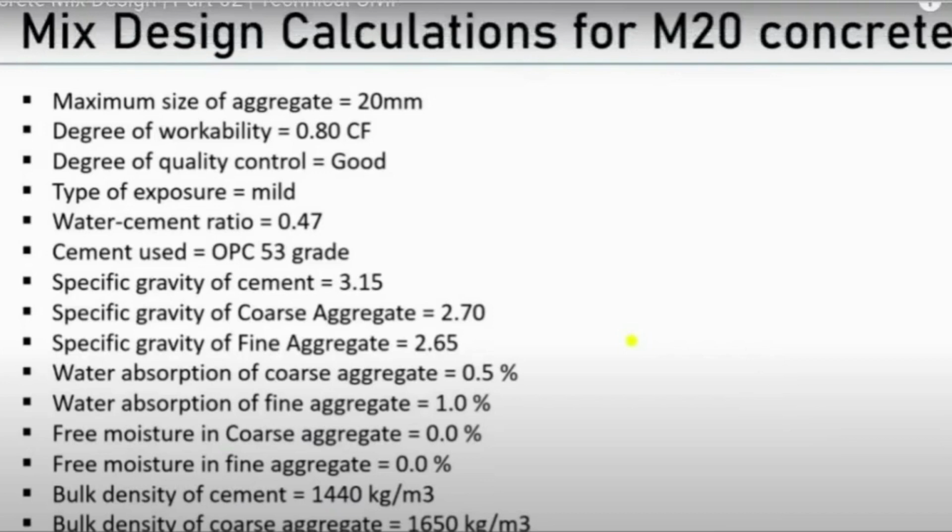In the nominal mix for M20, we explained that the ratio is 1 is to 1.5 is to 3. But in our IS mix design method, the ratio obtained is 1 is to 1.75 is to 2.91. This is the proportion for 20 mm size coarse aggregate, water cement ratio 0.47, and M20.